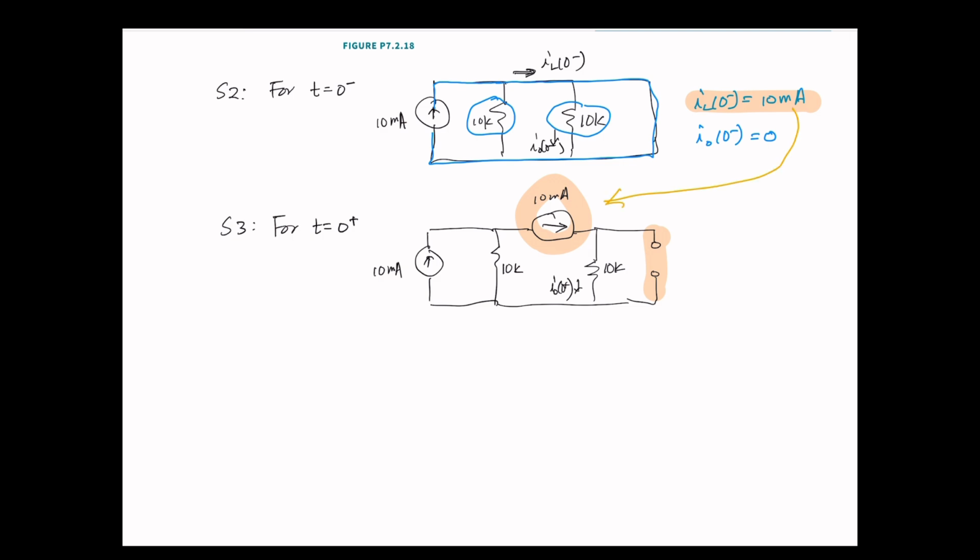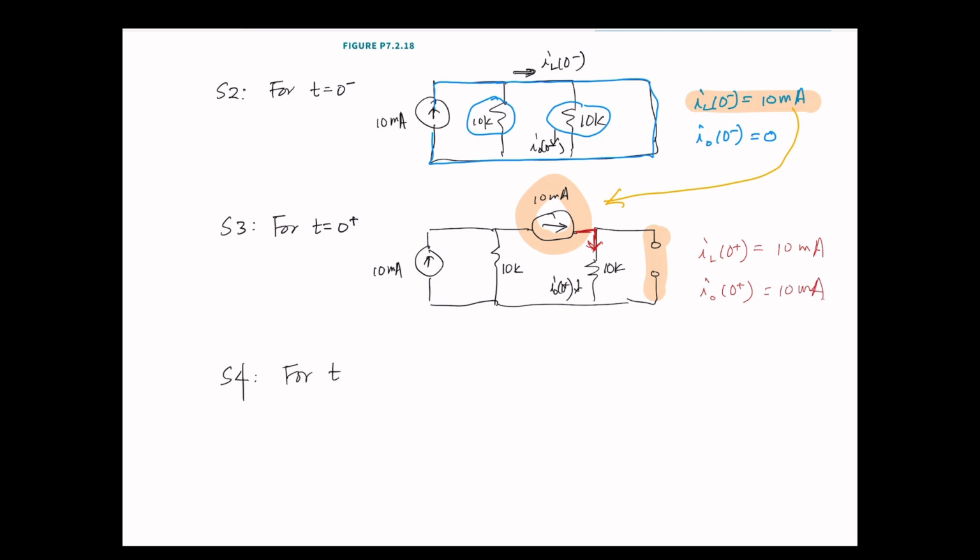The equivalent inductor was there, so we need to replace that inductor with the I sub L 0 minus value. So this 10 milliamp goes into this node, and since this is open, it's going to go all downward. Therefore, I sub L 0 plus is going to be 10 milliamp, and I sub 0 0 plus is going to be 10 milliamp.